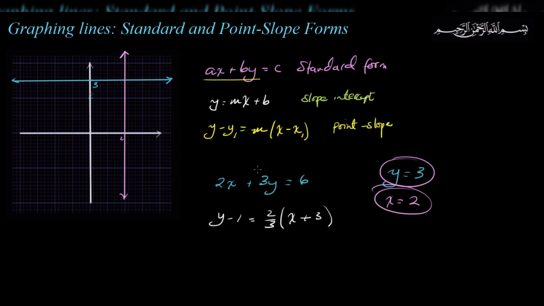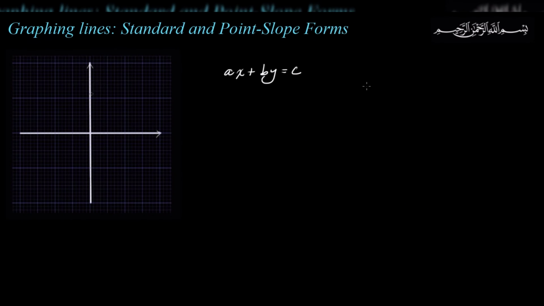Today, inshallah, we shall focus on the standard form and the point slope form of linear functions or lines. If you recall, I suggested that if you're given an equation of a line like y is equal to 2/3 x minus 3, there is a methodology for graphing these.